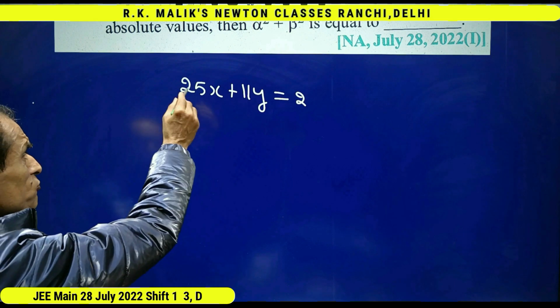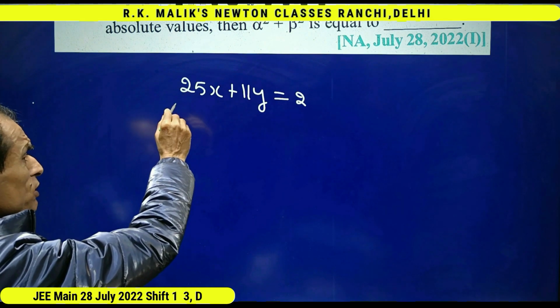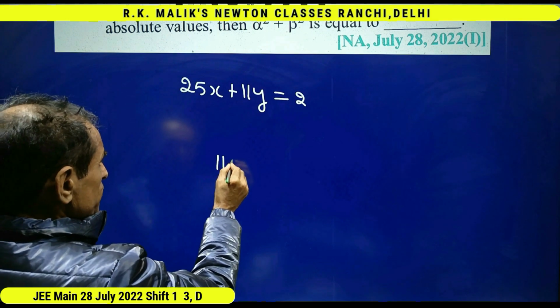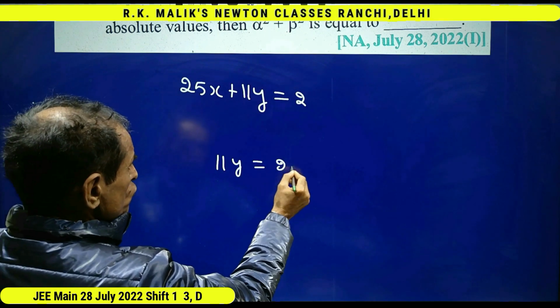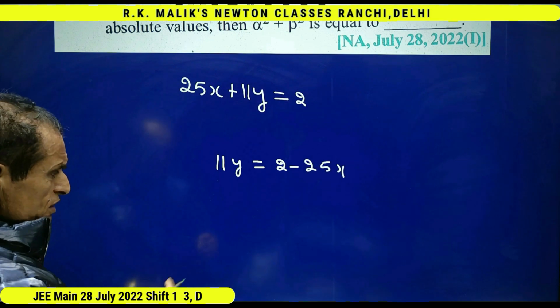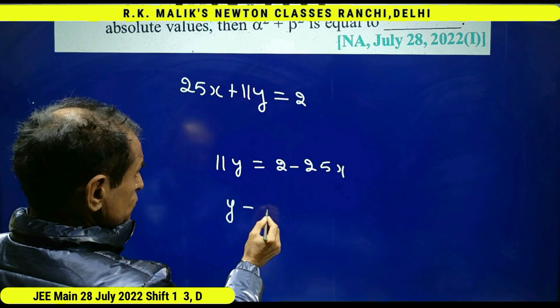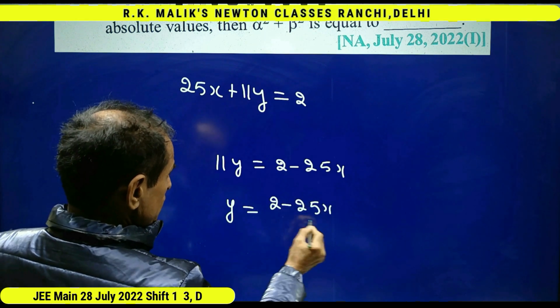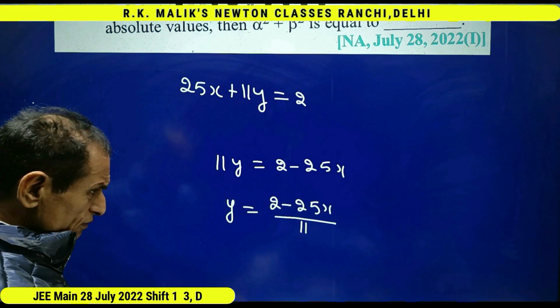Had it been minus 25x also, I would have taken this on the right hand side. That is, I get 11y equal to 2 minus 25x, and y is equal to (2 minus 25x) upon 11.